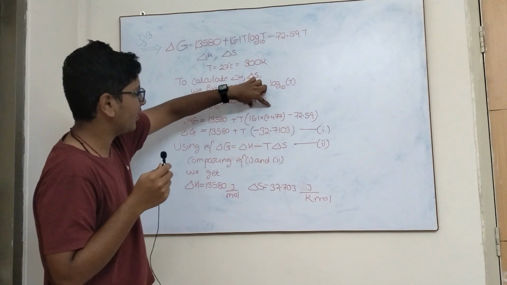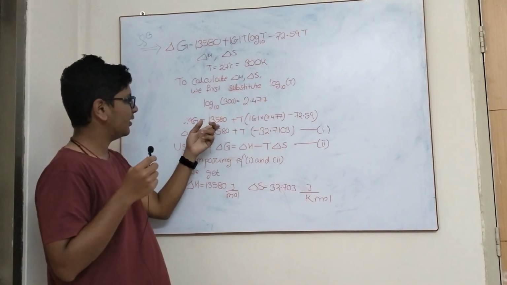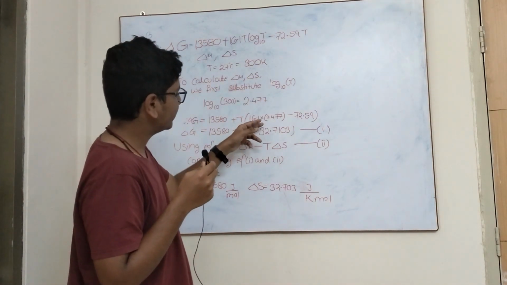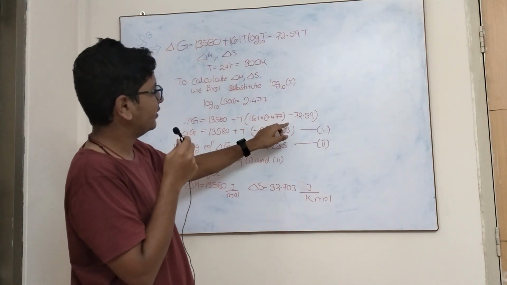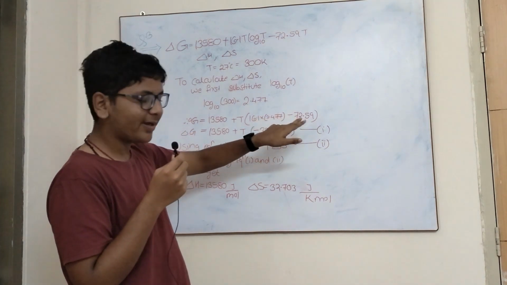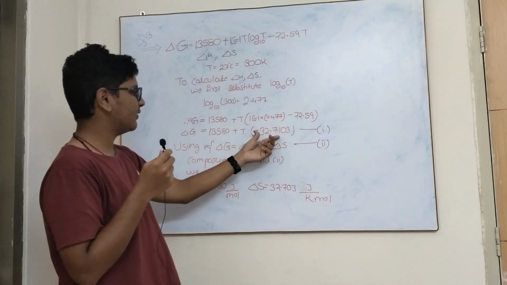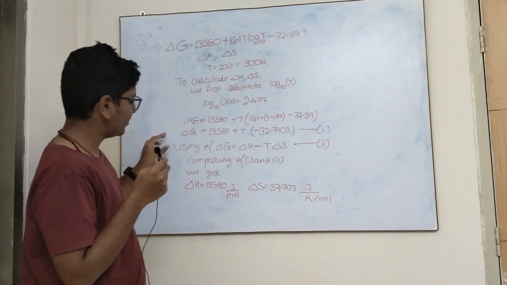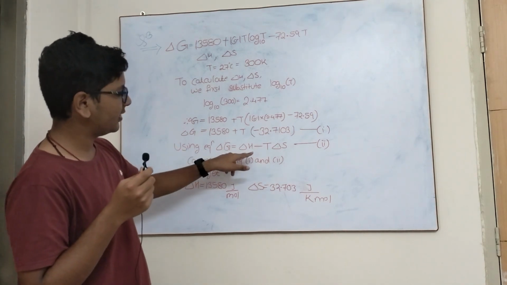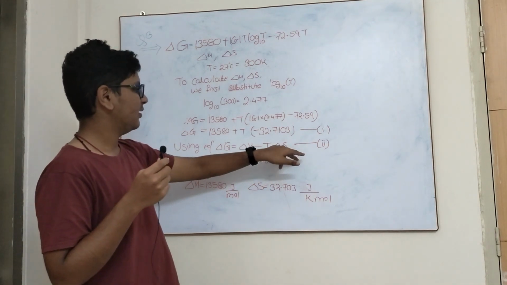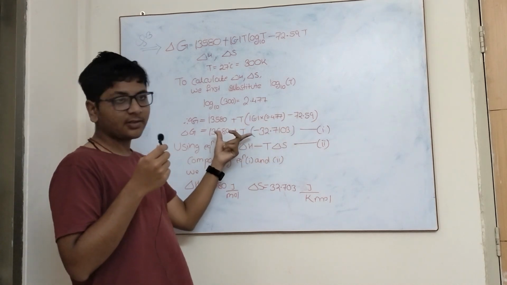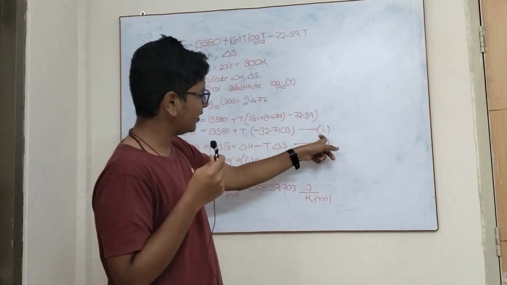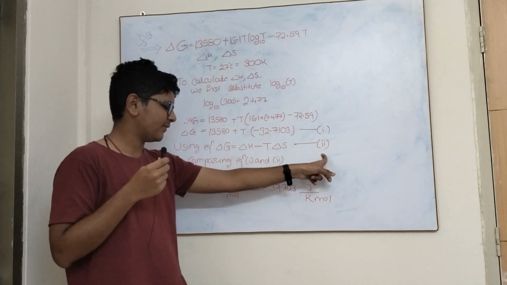Now we'll have to find delta G. We'll use the value we got here and substitute it here: 13580 plus T into 16.1 multiplied by 2.477 minus 92.59. So we'll get the value as minus 32.703. Now we'll use the equation delta G is equal to delta H minus T delta S, and we'll assume the first one, the one with values, to be equation 1, and the one with variables as equation 2.